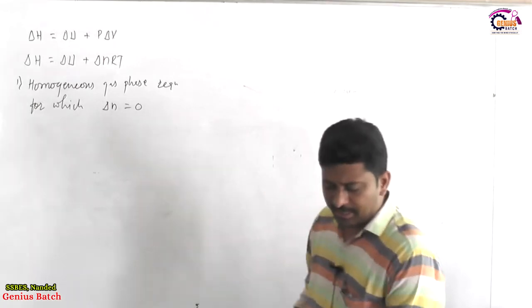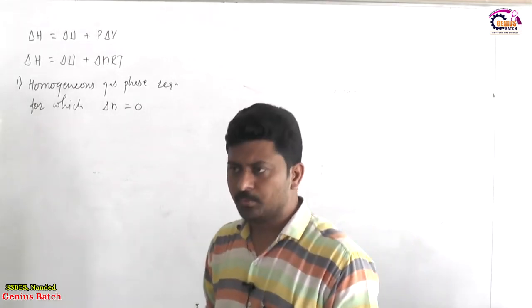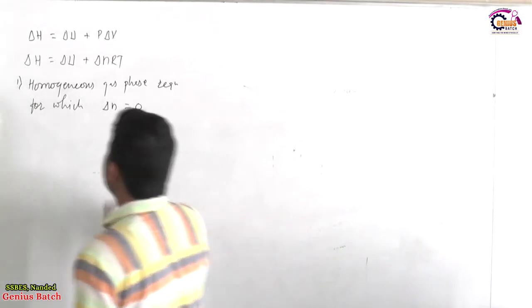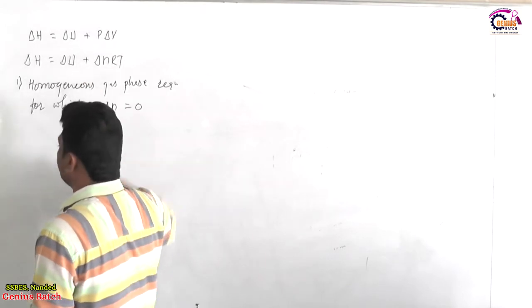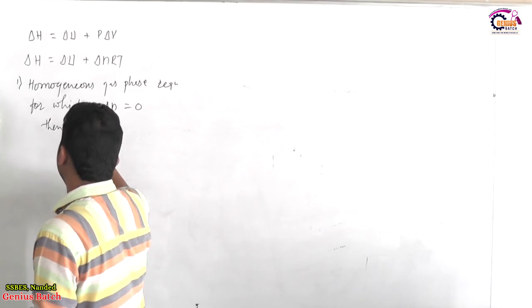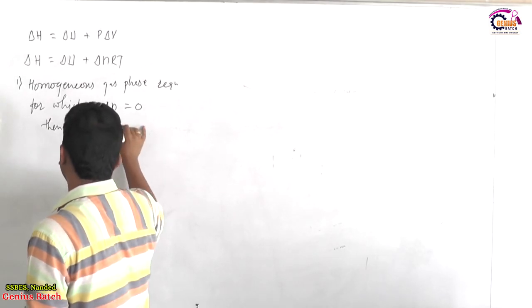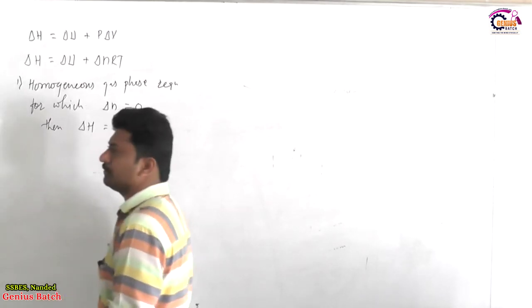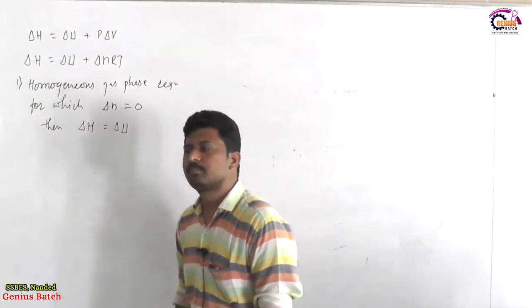When delta n for a certain reaction is 0, that means the entire term delta nRT becomes 0, and in conclusion we can say delta H is equal to delta U. A prime condition it is.